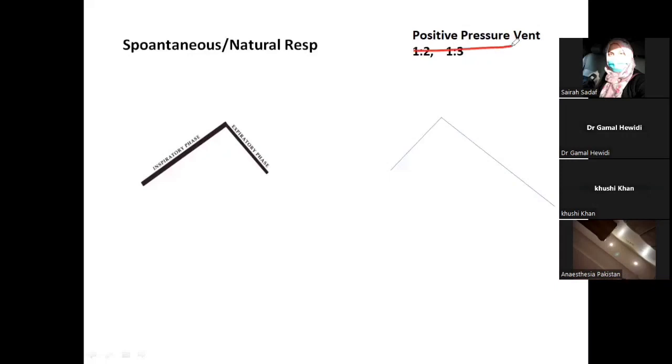While over here, what's happening? It is positive pressure ventilation. The air is being blown into the lungs, into the alveoli, with a positive pressure and with a very high flow compared to normal, which may lead to increased intrathoracic or transpulmonary pressure, which may lead to a decrease in venous return and cardiac output.